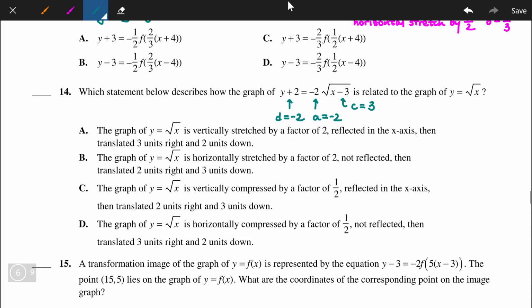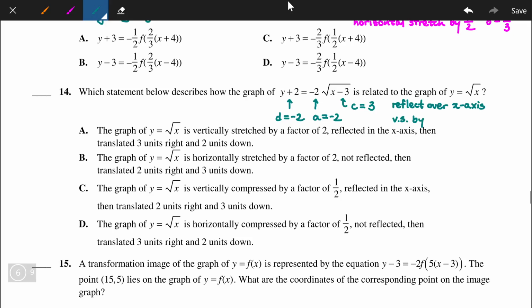So let's start with the a value. The a value tells us that there was a reflection over the x-axis. That is to say, the graph is upside down. And it also tells us that there was a vertical stretch by 2.